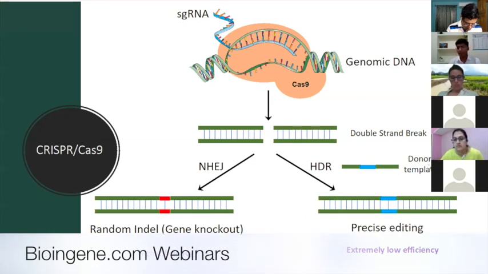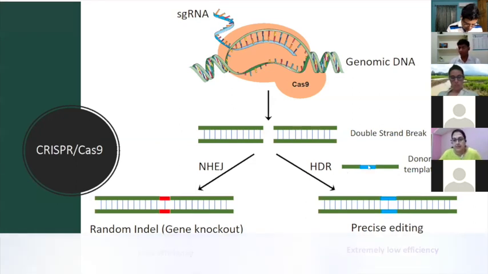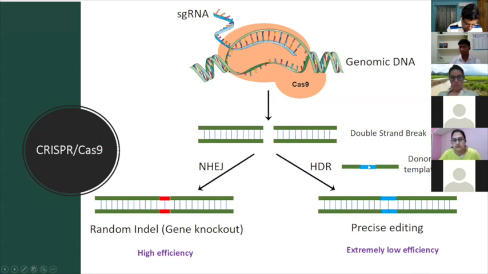If you want to use homology-directed repair on your gene of interest, and you want to incorporate some special changes in the base sequence, or insert or delete something exactly, not randomly, you have to give the cell a donor template with homologous ends flanking your intended change.